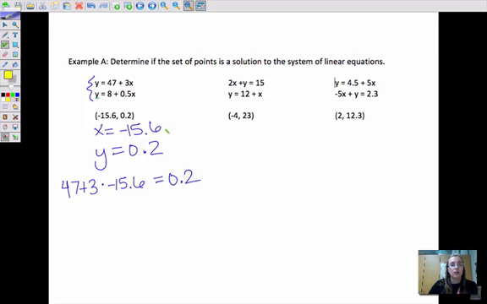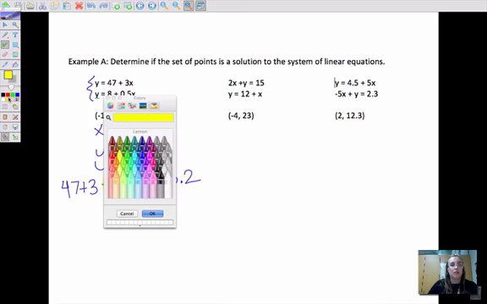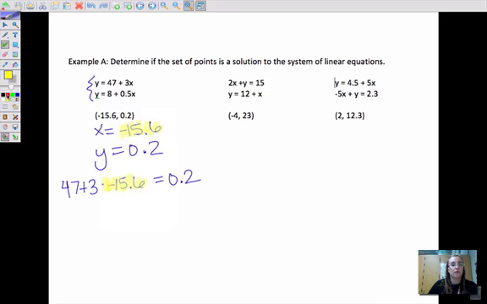So I took my x and put it in where x is in the equation, 3 times x, and I'm going to see if y comes out as 0.2. That's my first equation here. So I took 47 plus 3x equal to y, and I took 3 times the x and tried to equal it to y. So I just want to see if these will work.